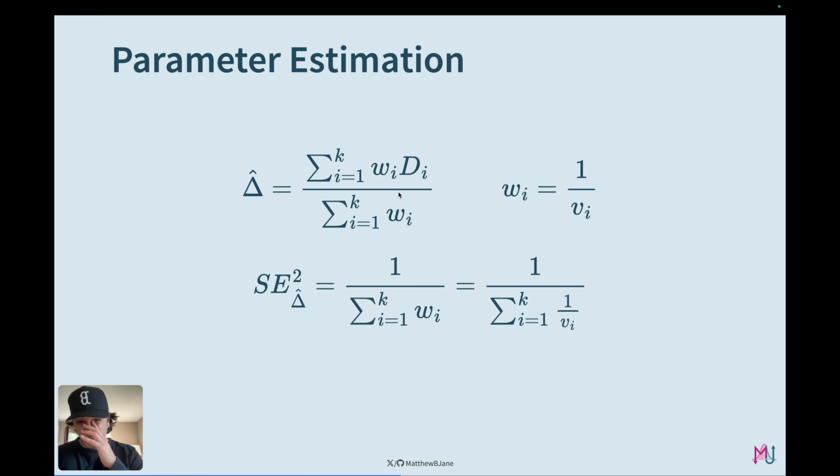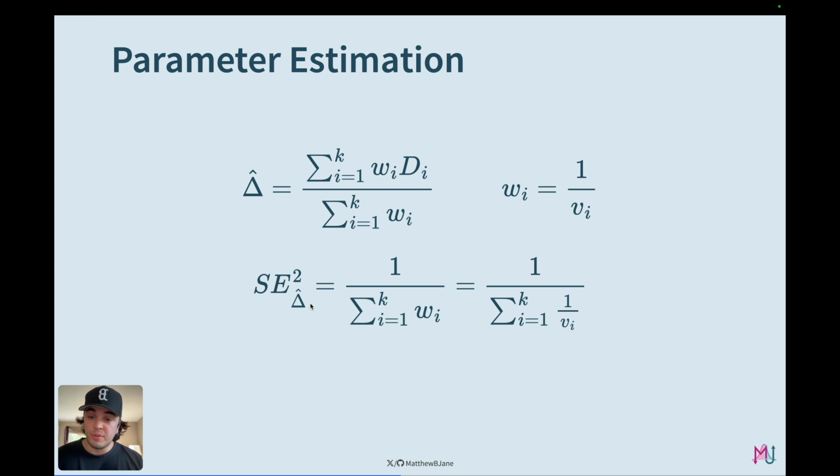We can take a weighted average, and this formula here just takes a weighted average using weights w of each observed effect size for each study. Now the weight here is going to be the inverse of the sampling variance. The reason is that with less sampling variance, the study is more precise. Essentially, we want the most precise studies to be weighted the most.